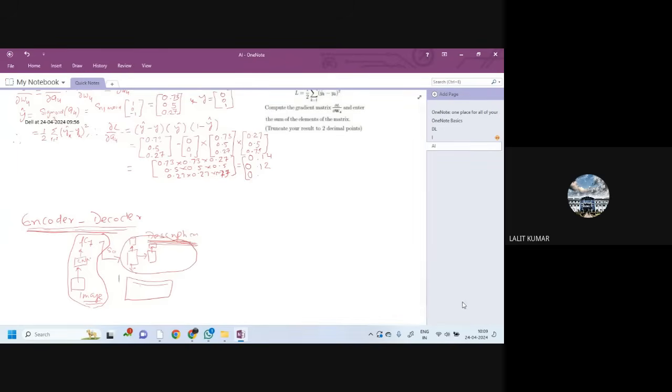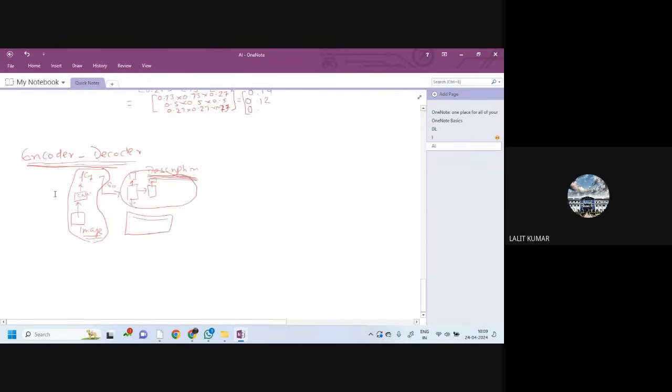Okay. So you can see various examples of what the professor had given, and one example was machine translation.